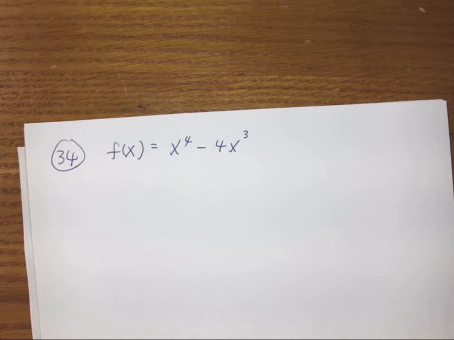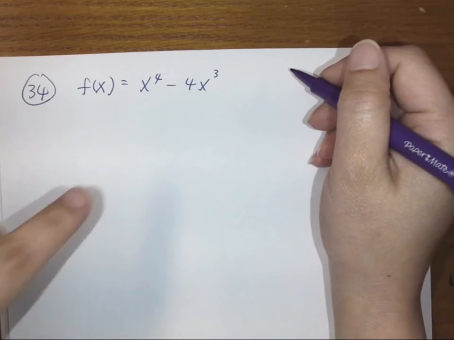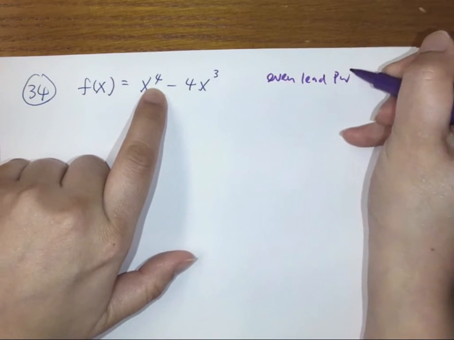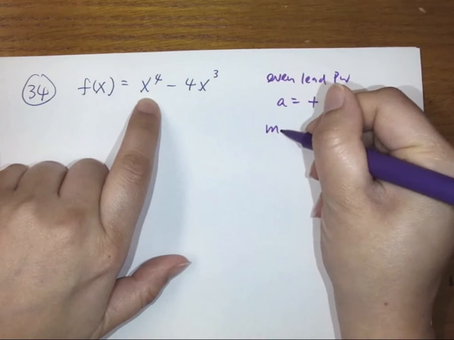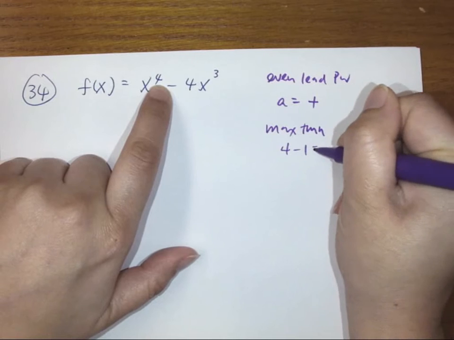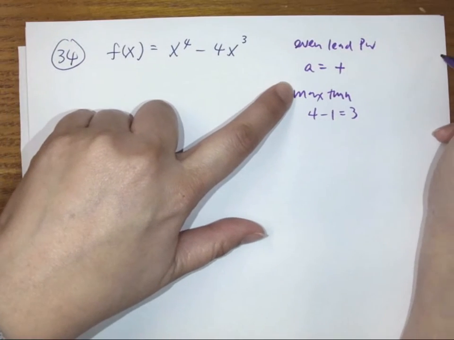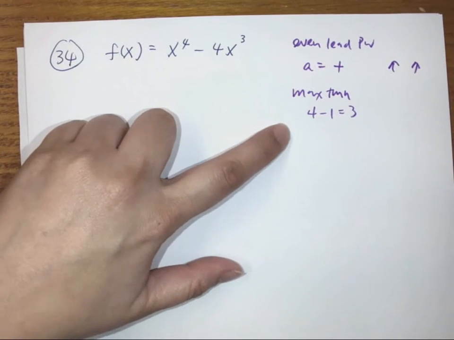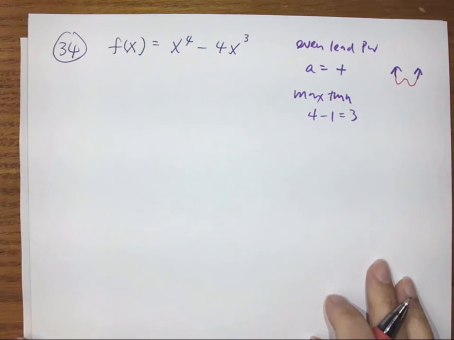If we think about the end behavior, what kind of leading power is this? 4 is an even leading power, with a positive. The maximum number of turns will be the degree 4 minus 1 equal to 3, right? So even leading power, a positive, we talked about it, it's supposed to be both sides up, with maximum turns being 3, so 1, 2, 3, looks like a W, right?